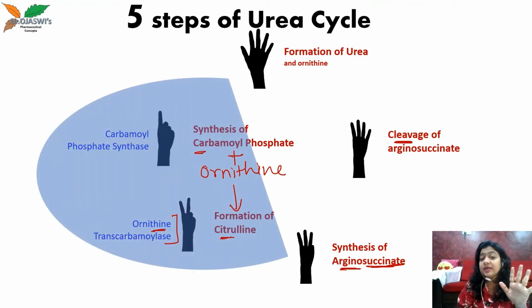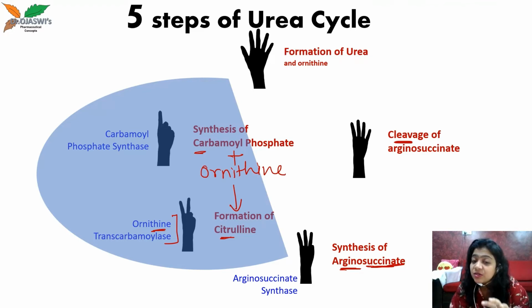Yes, these two steps are happening in mitochondria. So now this citrulline has to be sent out of the mitochondria to the cytosol with the help of a transporter system which is present. Next is synthesis of argininosuccinate. For that, this synthase enzyme is taking part.